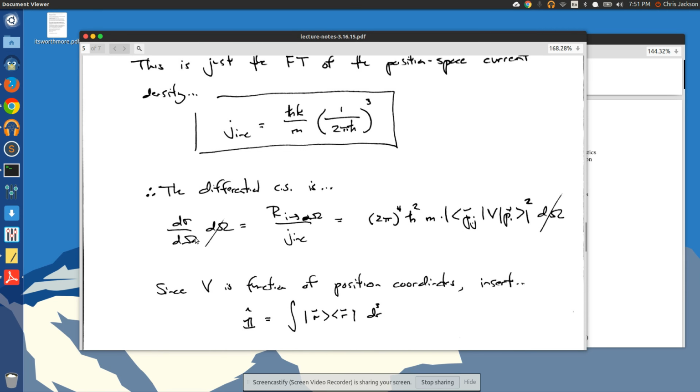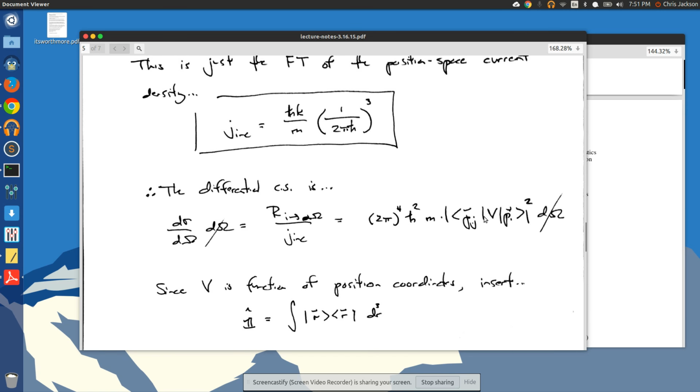Okay, so we've got the rate, and now we've got the incoming current, incoming probability, and we can compute the differential cross section, right? So the differential cross section is just the rate divided by that current, and if I plug in those expressions that I just calculated, I end up with something that looks like this, right? But V is going to be a function of spatial coordinates, right? And what we have are matrix elements.